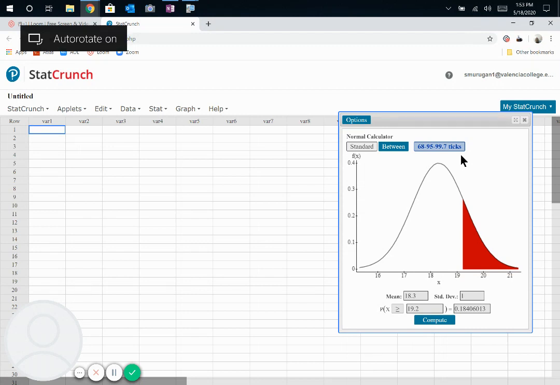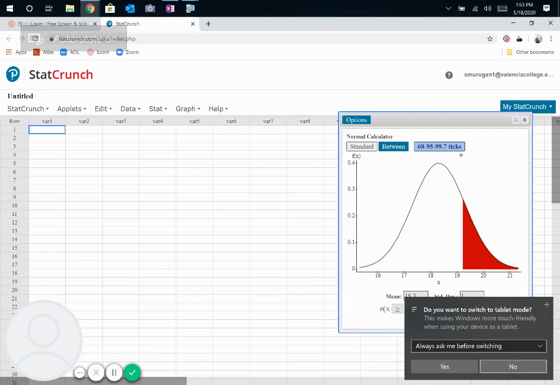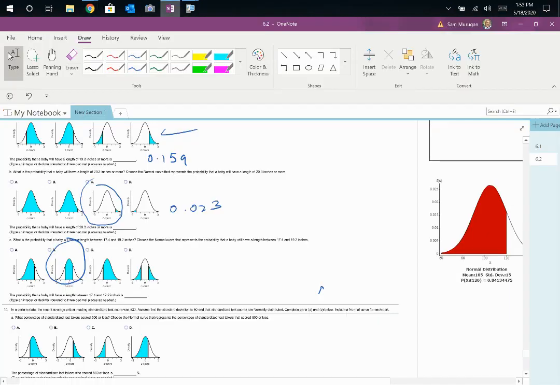So you would go ahead and write those two numbers down and subtract them.